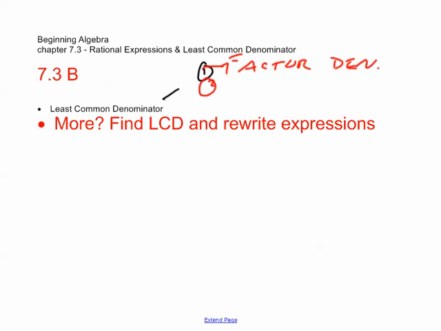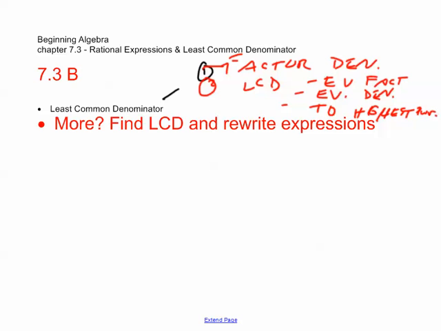And number two, we had to list our lowest common denominator, which includes every single factor from every single denominator to the highest power, raising it to the highest power. That's pretty much video A.